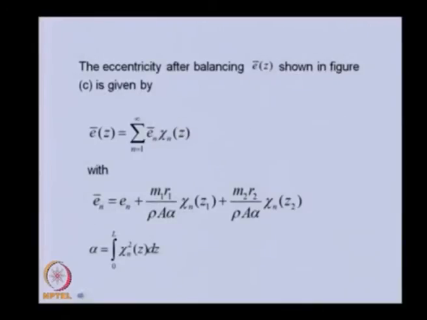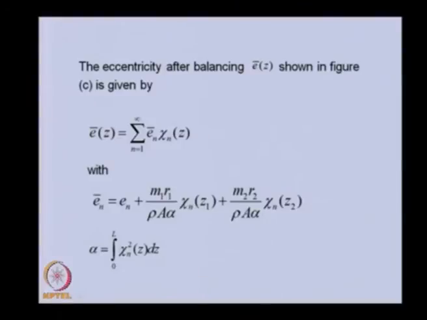Now once we obtain this, the eccentricity after balancing, we have already seen in the third figure, in which along with the eccentricity of the shaft, the eccentricity of the correction mass was also shown. That distribution we can express like this, again in the form of an eigenfunction, and this constant will be given by the constant of the shaft eccentricity and of the correction mass eccentricity.